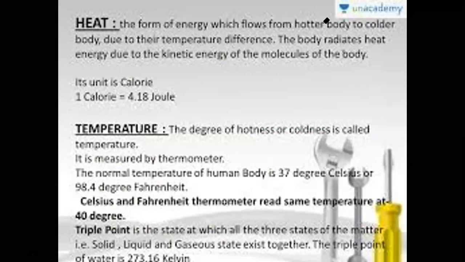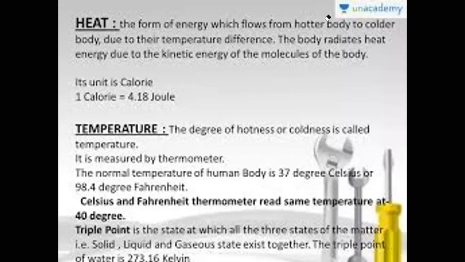When you remove some heat from the body, meaning you are cooling the body, the temperature will decrease. The relation between temperature and heat is that they are directly proportional to each other. If you add more heat, the heat is going to become temperature. If you remove heat, the temperature of the body is going to decrease. This is the relation between temperature and heat.